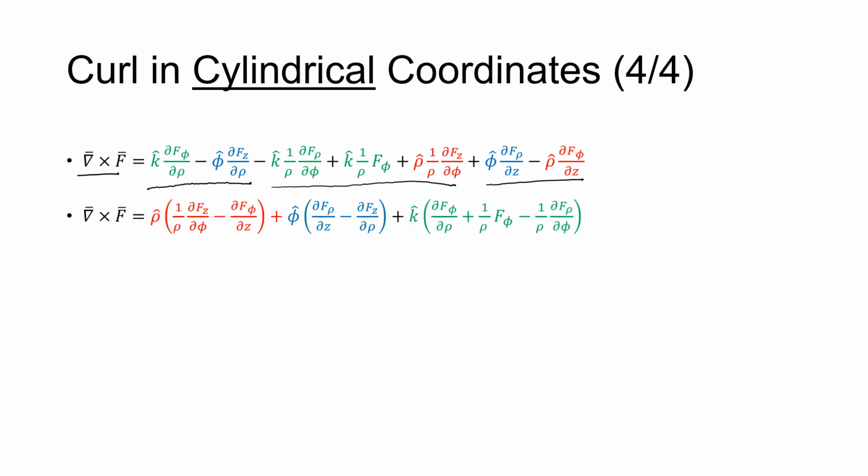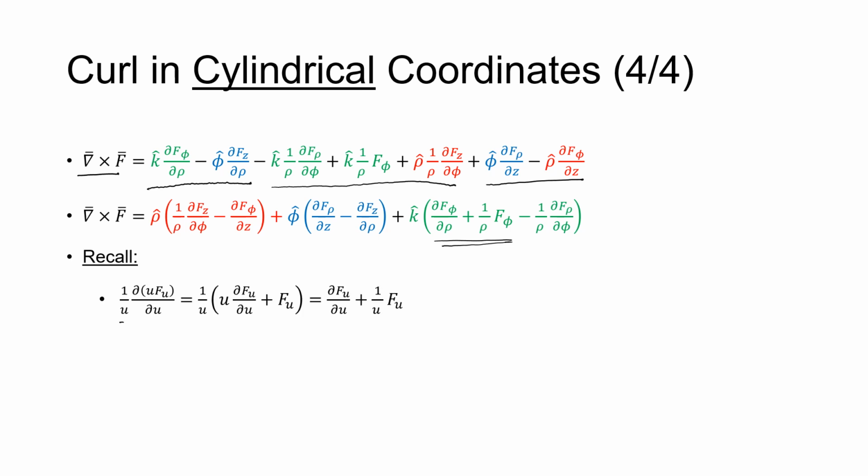If we gather using the color code here, we can rearrange like this, and we have here one little bit different component from the others, 1 over u multiplied by the derivative of u. You can find that this will be left, but this is just a simple multiplication rule.